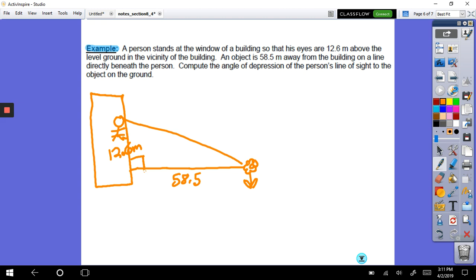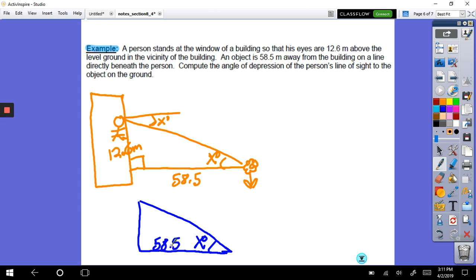Compute the angle of depression. So we're wanting to find this angle, x, that is the same as this angle, x, over here. If all the drawing confuses you, you could redraw it without the extra stuff that's not needed and make it look like a problem from yesterday.